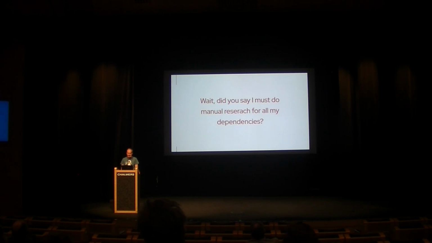Did I say that we must do the entire research for all the dependencies, and actually for all the versions of these dependencies, because they are evolving, and what is true for now may not be true tomorrow with the next release, for example. Okay? That's a good question. Let's try to answer this question.